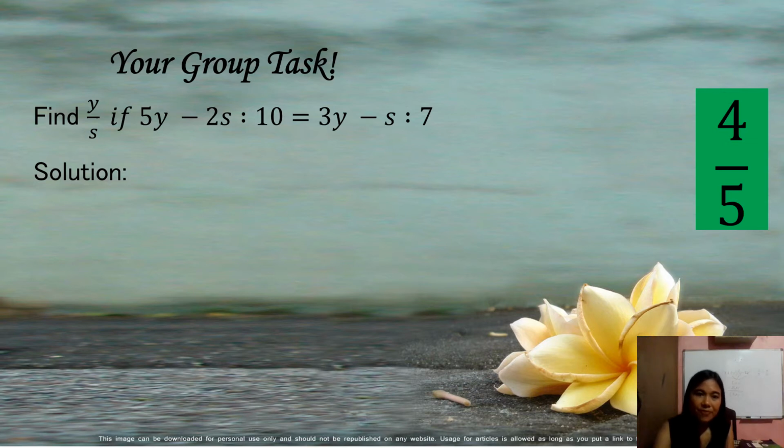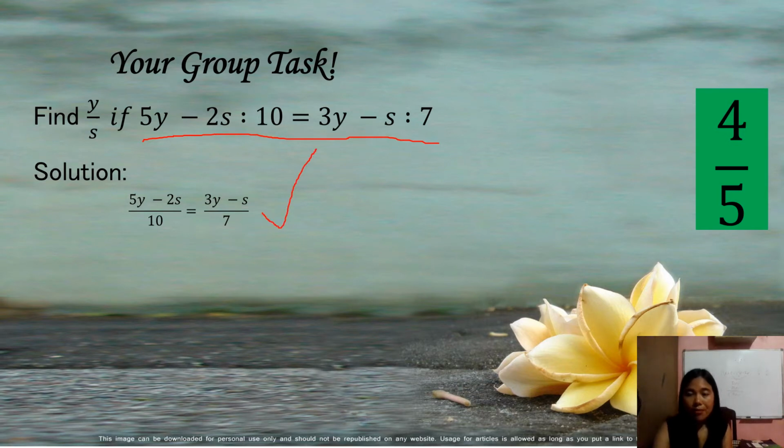So from the given that we have, we have here this one as our given. So we're going to write them as a fraction by the fundamental rule of proportion. Now, after that, just cross multiply.